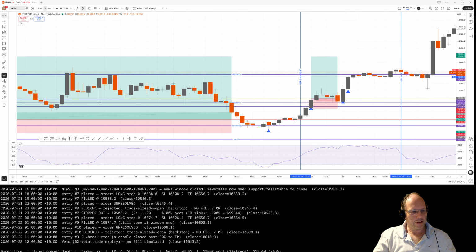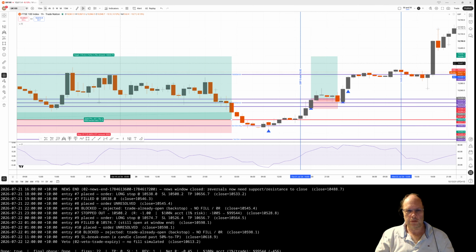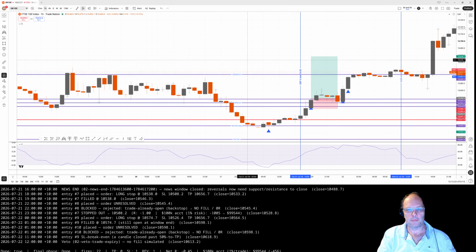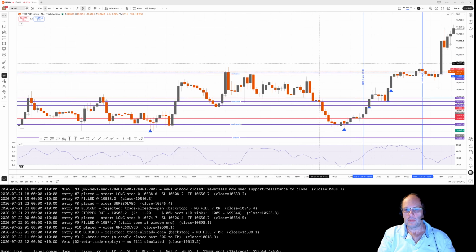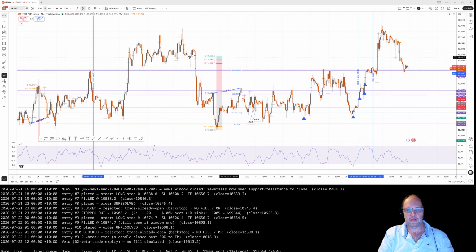Let me just run it again with skip news. Okay, I'm going to remove all these trades as well because it will redraw them hopefully. So that's the zoom that we're looking at. I mean, the thing is, it got to profit eventually. Let's do it with skip calendar bars.